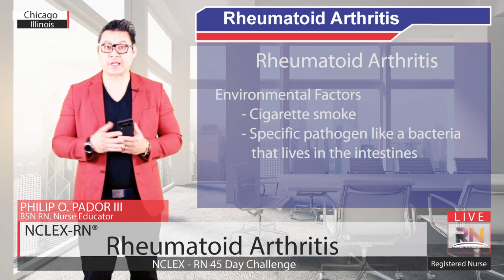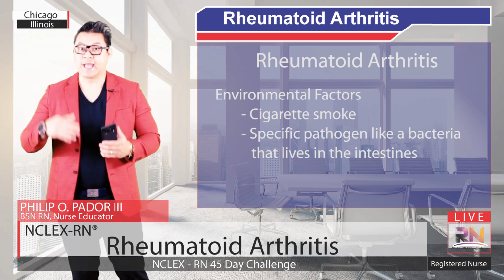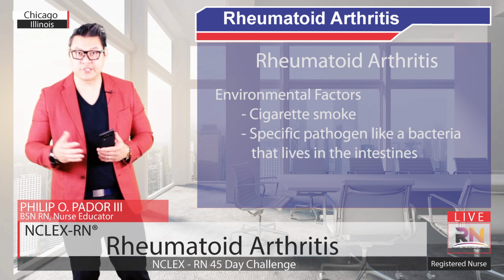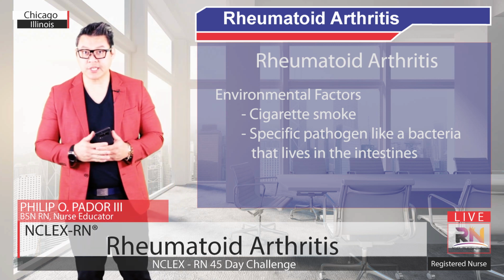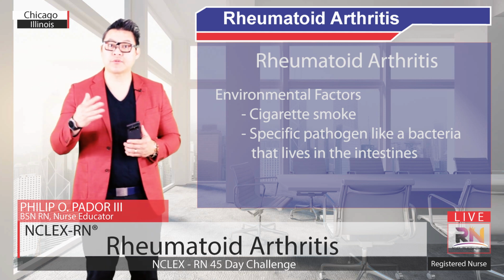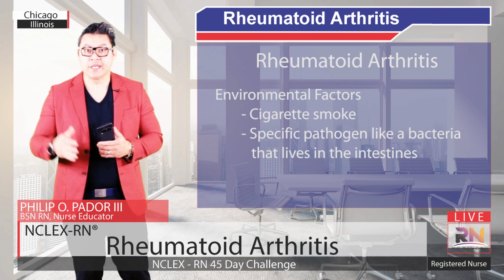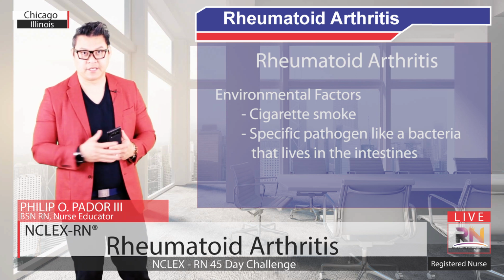These environmental factors can cause modifications of our own antigens, such as IgG antibodies or other proteins like type 2 collagen or vimentin. Type 2 collagen and vimentin can get modified through a process called citrullination. That's when the amino acid arginine found in these proteins is converted into another amino acid, citrulline.